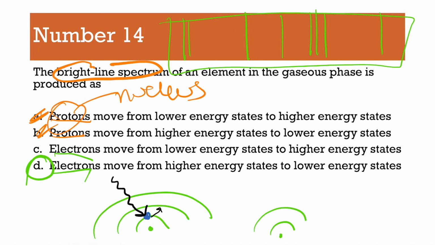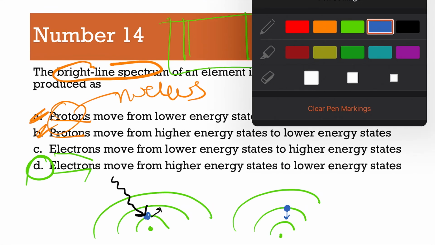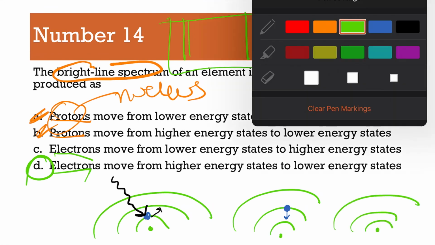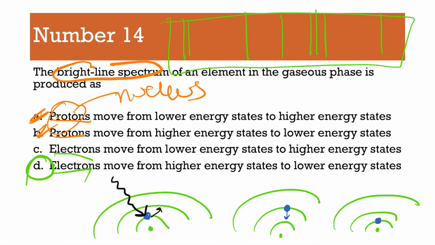So now that blue electron moved up to a higher energy level. Now it doesn't stay there, it has to fall back down. And when it falls back down and returns to what we call the ground state, it has to release energy in the form of light. So that is where the light comes from.